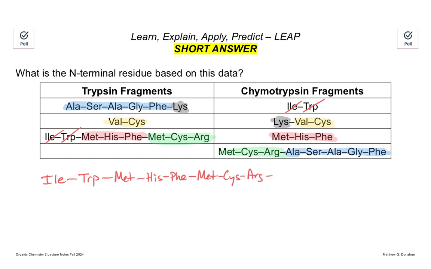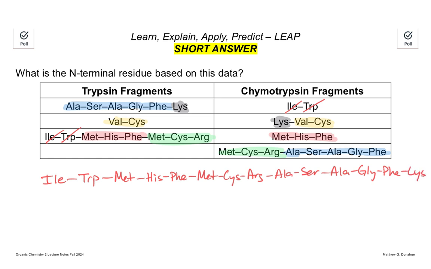And now we've overlapped those green ones, so we go to the blue. So we're done with the blue. We see that phenylalanine is bonded to the lysine.